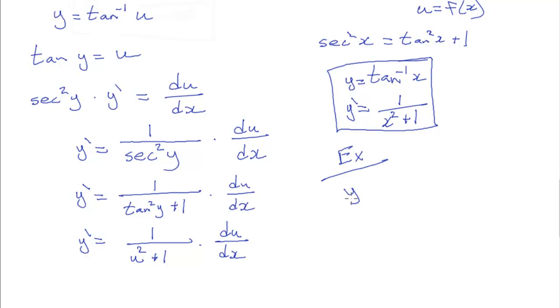Quick example, let's say y is equal to the tan inverse of, and let's stick a different trig function in there, let's say of the cosecant of x. So the derivative then, well, tan inverse is 1 over cosecant squared x plus 1 now. The argument comes down, becomes squared plus 1.